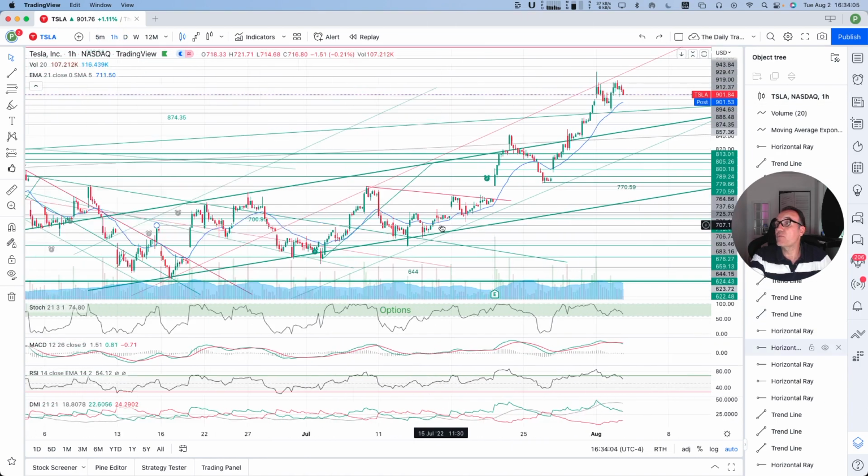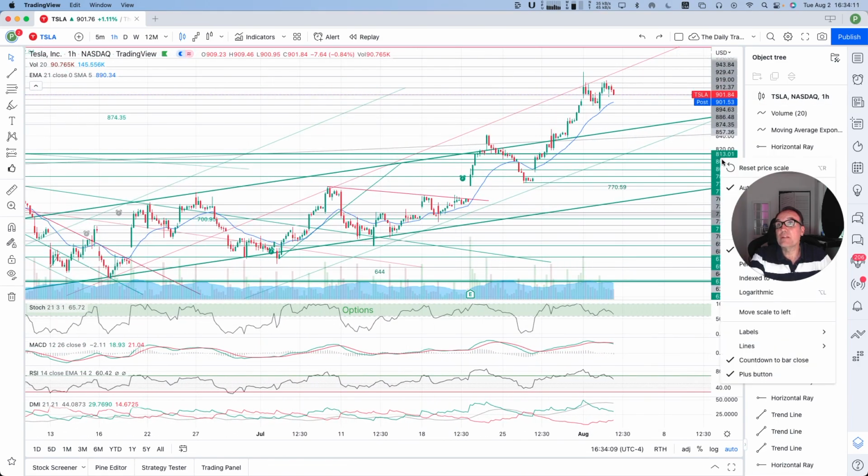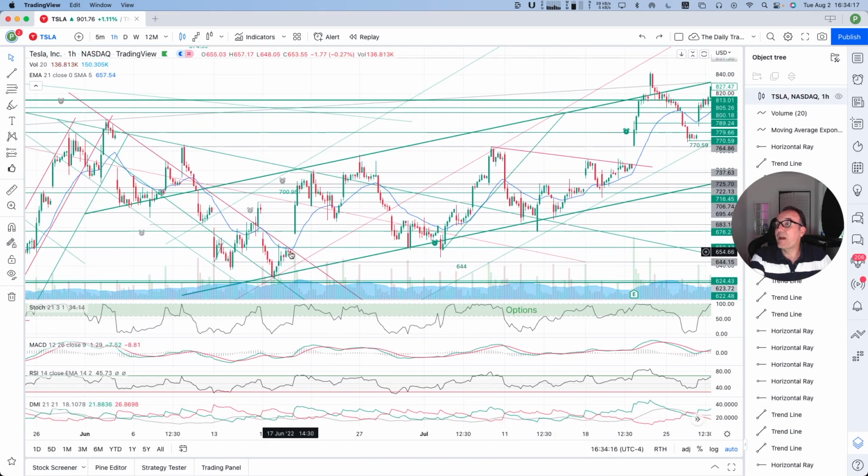If we go on the 1 hour chart, if you were trading just on the moving average, you could have made some money here. If you had bought when Tesla went above the 21-day moving average, you could have bought right here at 676, and then you would have sold right here at 699, and you would have bought again at 704, and you would have sold right here, maybe at the end of the day at 717, and you would have bought here at 681, and you would have sold here at a loss at 657.